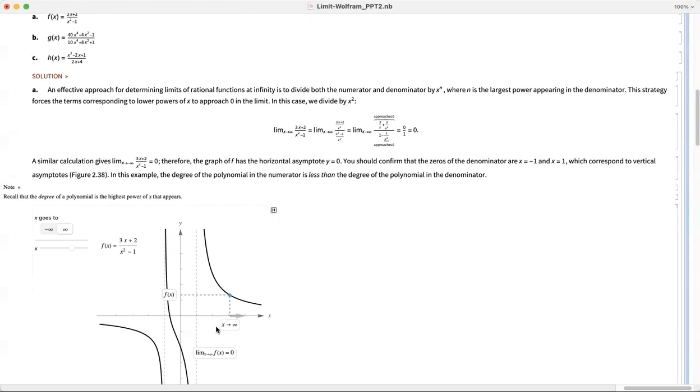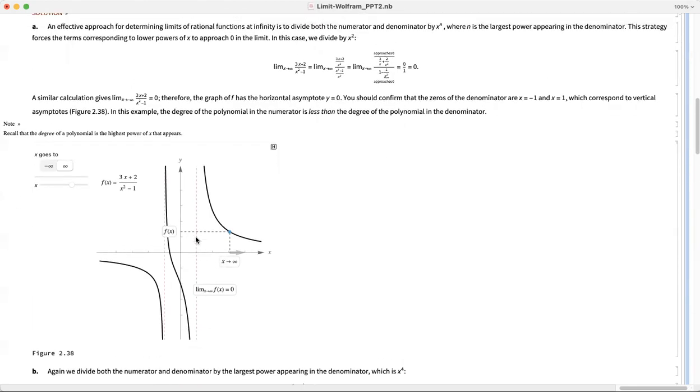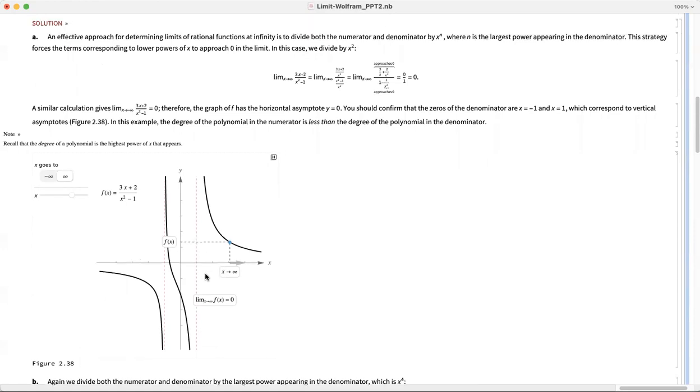So you see that this is a graph of f of x, by the way. As x approaches infinity, the graph approaches the x-axis but never touches it. And if x approaches negative infinity, the graph approaches the x-axis but never touches, right?